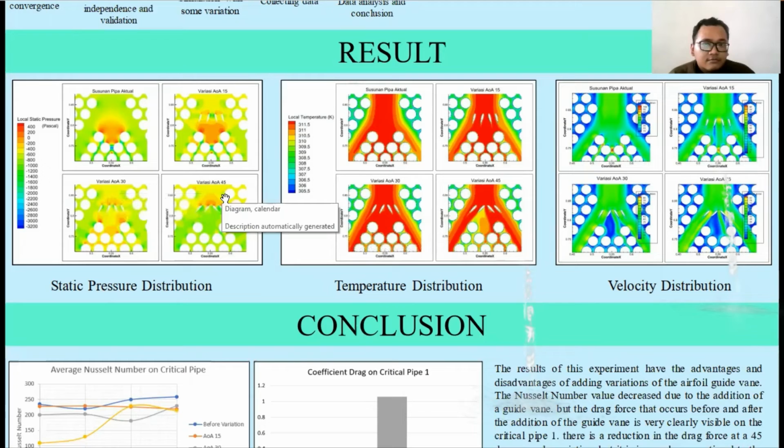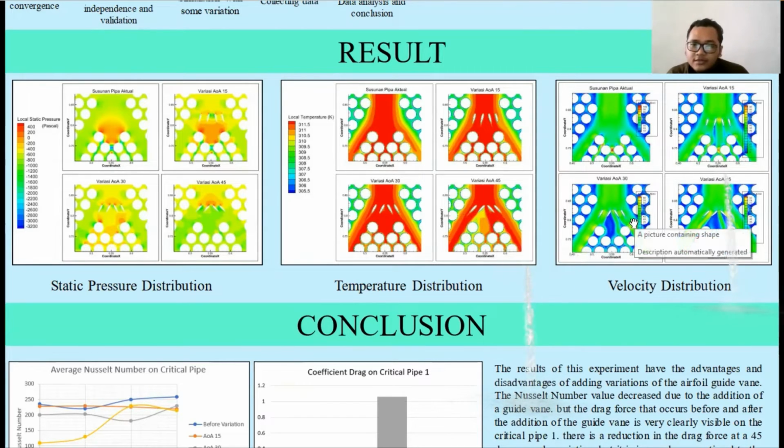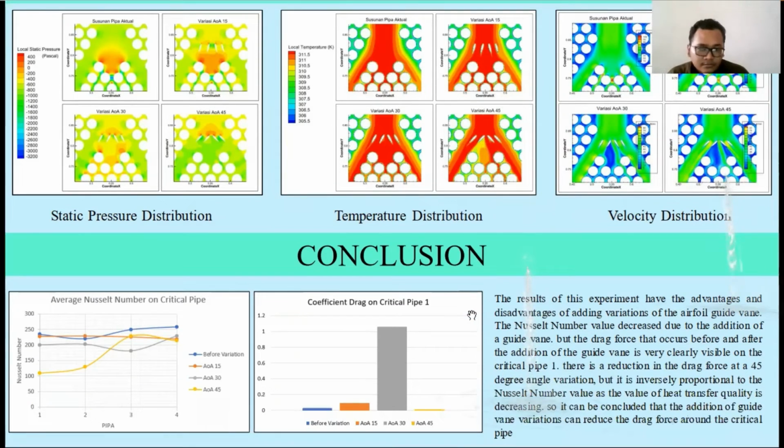I added a quite thin impediment plate with an airfoil shape. The airfoil I am using is NACA 0018. This is the temperature distribution, where you can see the effect of adding the thin plate, and this is the velocity distribution.